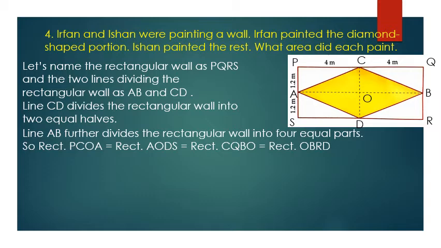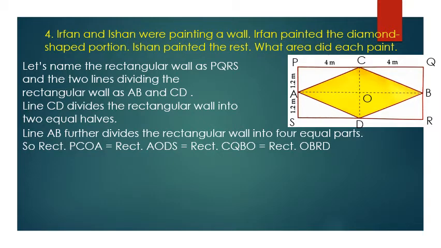In this way, all the four rectangles are equal, or we can say that these two lines AB and CD divide the rectangular wall into four equal small rectangles, right?